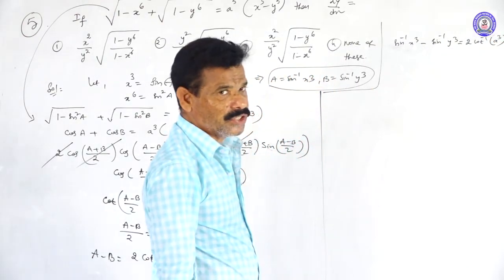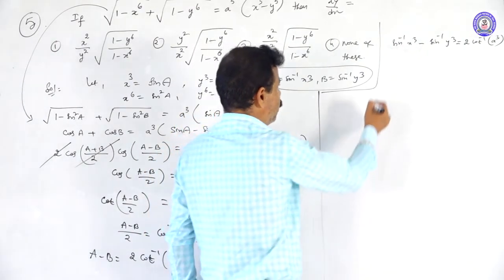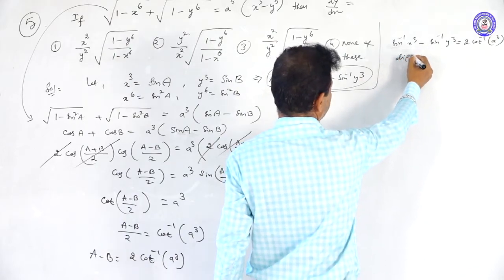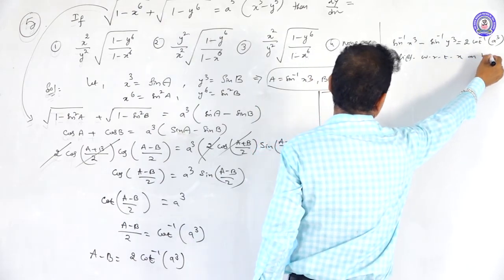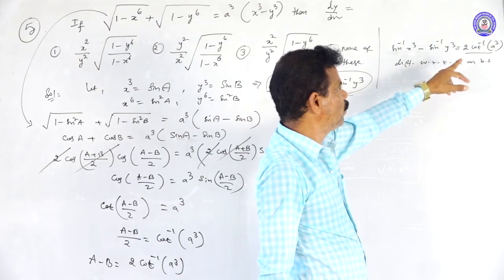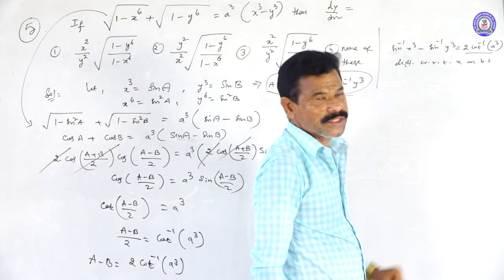Now it is easy to differentiate with respect to x. Sin inverse x cube minus sin inverse y cube is equal to 2 cot inverse a cube; we apply differentiation with respect to x on both sides.